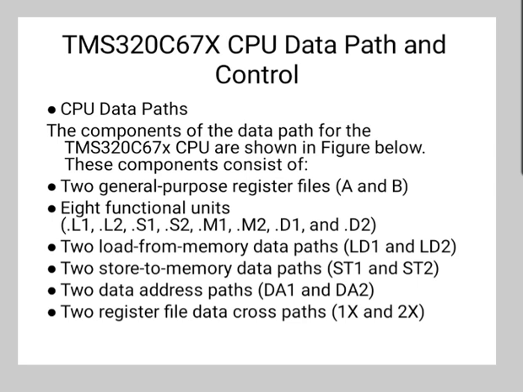Also the program fetch, instruction dispatch and instruction decode units can deliver up to 8 32-bit instructions to the functional units every CPU clock cycle.